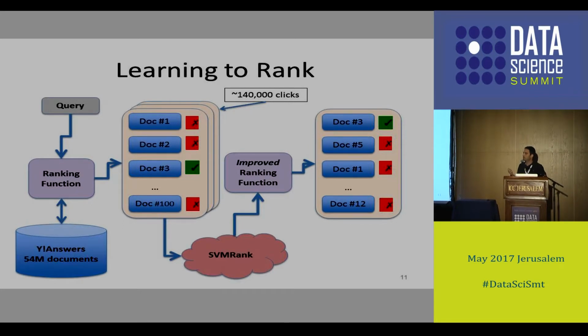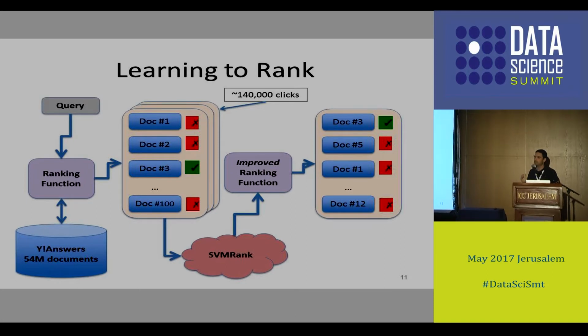These documents are presented to users who can either skip or click these results, and we collect these clicks. For this work, we collected about 140,000 such examples. This information is then fed to a learning to rank algorithm. We used SVM rank, which in turn outputs an improved ranking function that hopefully can rank the actual clicked document at the top of the list.